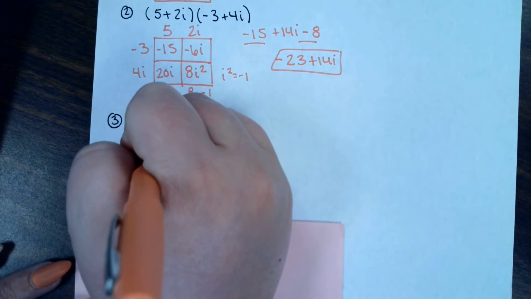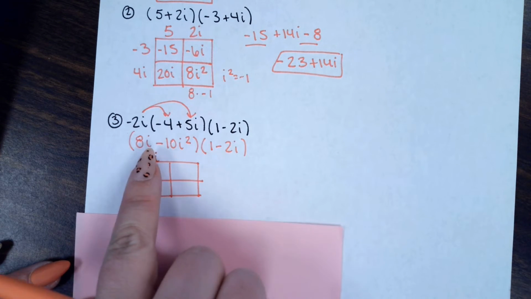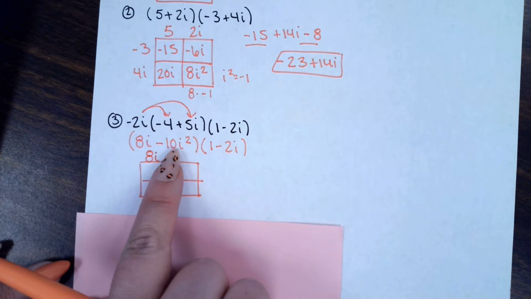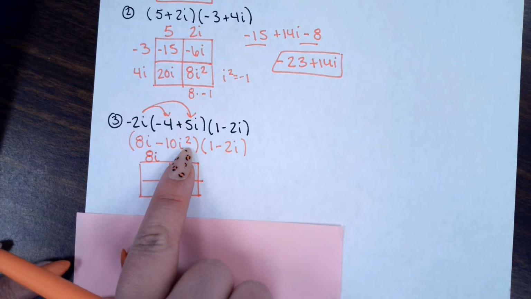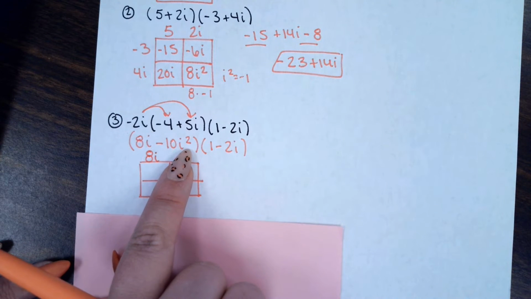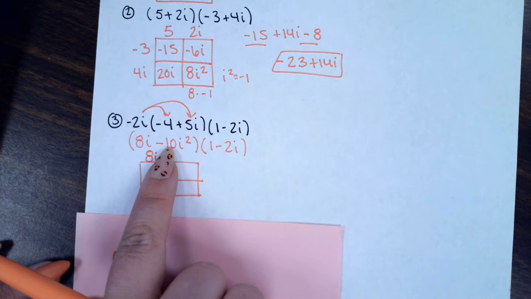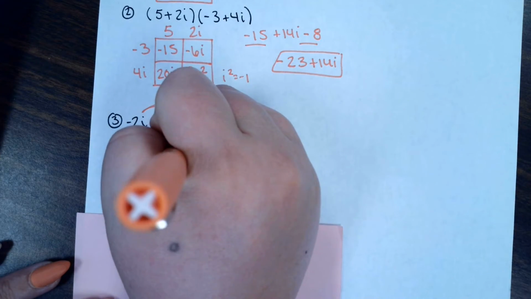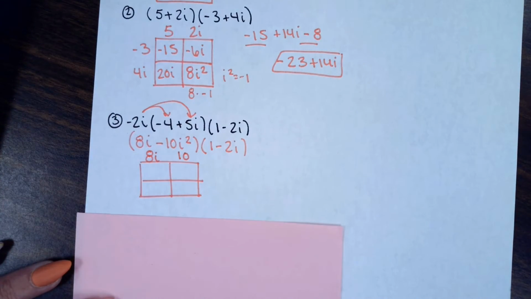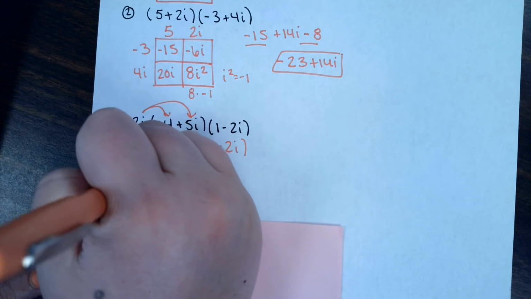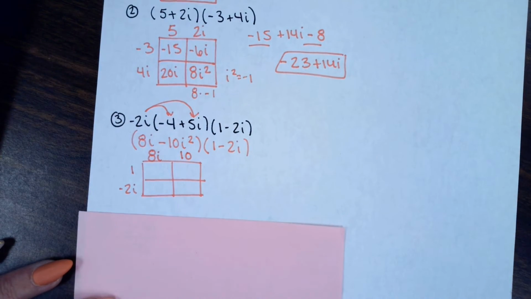So we have 8i, and then we have negative 10i squared. Remember, i squared is just negative 1, so really this is negative 10 times negative 1. That is positive 10. And then 1, negative 2i.